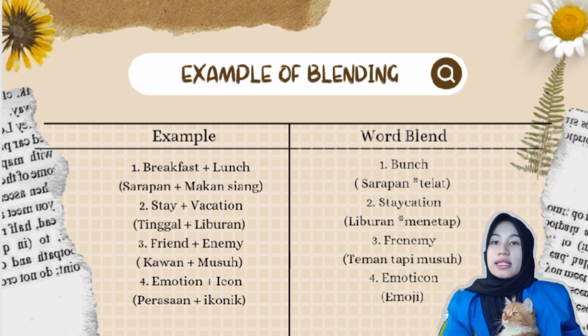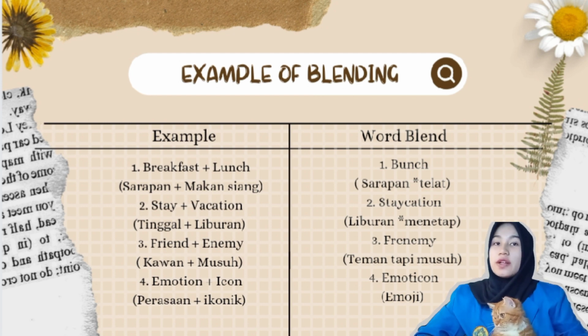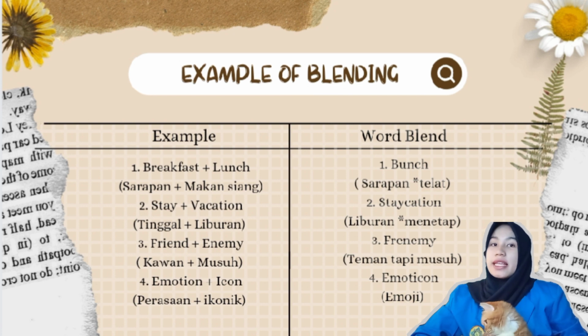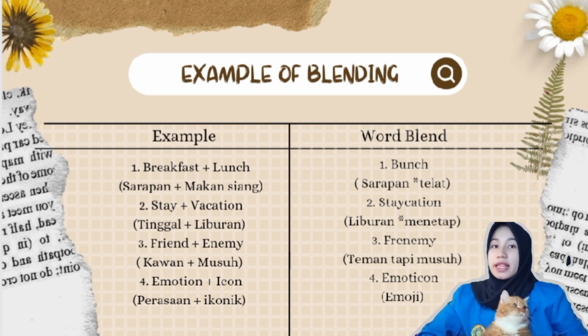So let's see the word blending. From the words breakfast and lunch, it can be a new word, brunch, and the meaning is like breakfast but late. So the first is breakfast and lunch can be brunch, like eating breakfast but late.